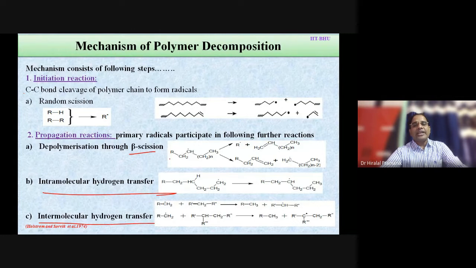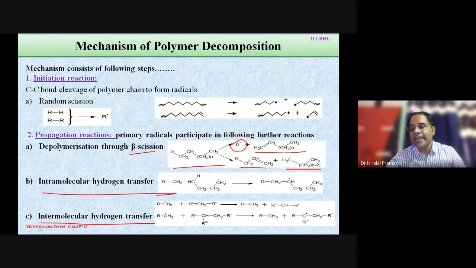So just try to understand, the free radical which is formed, like this is the free radical, has two paths. One gives another free radical, and the second gives olefins, unsaturated hydrocarbon, and you can see another free radical. So in two different routes, you get two different types of unsaturated hydrocarbon and free radicals again.